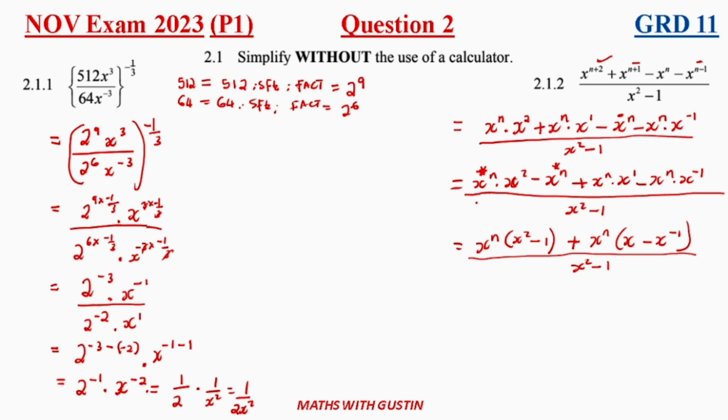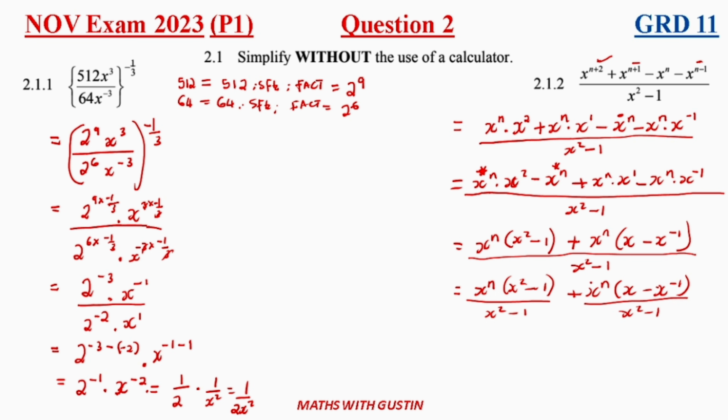All right, so now if you can see, we're dividing by x squared minus 1, so this can also be rewritten as x to the power of n times x squared minus 1 all over x squared minus 1, and therefore plus x to the power of n in brackets x to the power of minus 1, all over x squared minus 1.